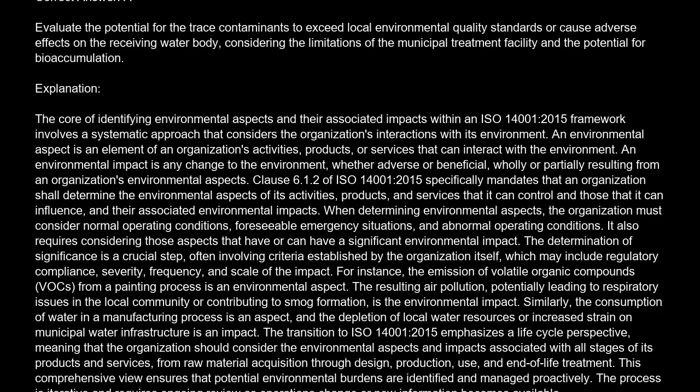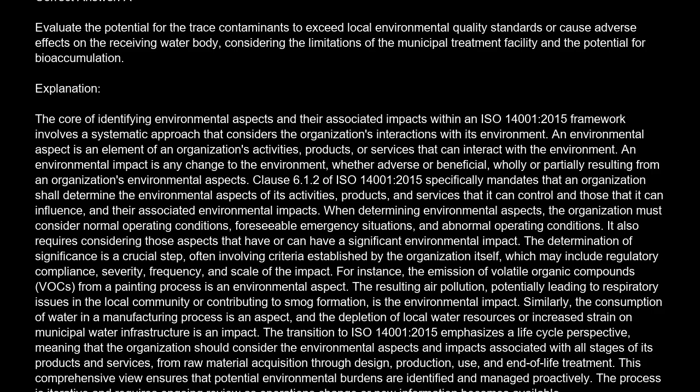Clause 6.1.2 of ISO 14001:2015 specifically mandates that an organization shall determine the environmental aspects of its activities, products, and services that it can control, and those that it can influence, and their associated environmental impacts.